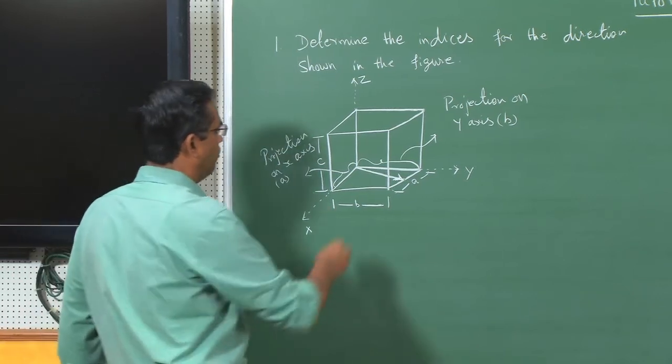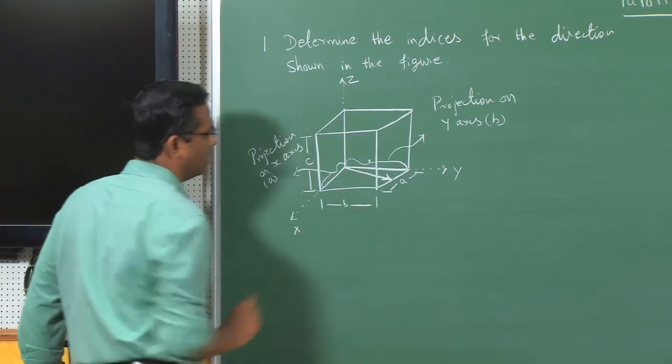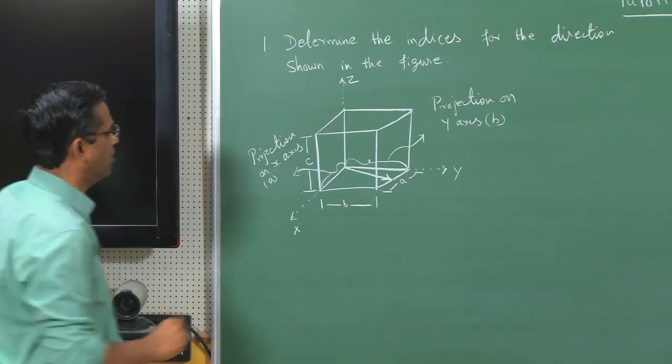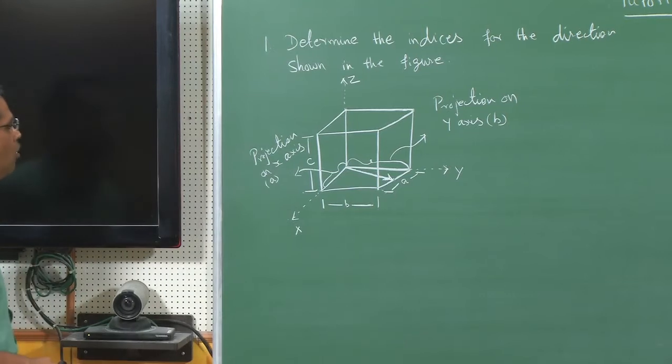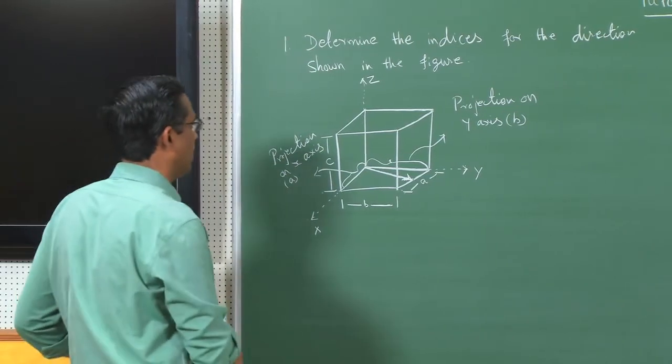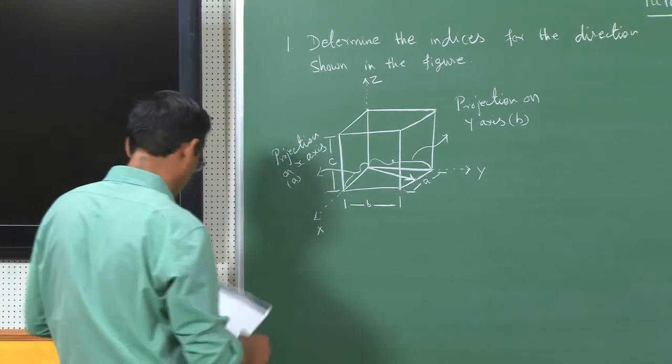So, what are the steps involved in finding out the direction for this kind of a vector? How to go about it? There is a set of procedures I will just recall.